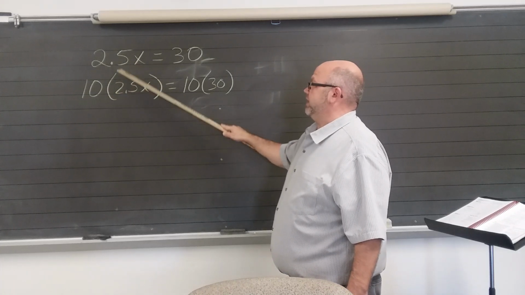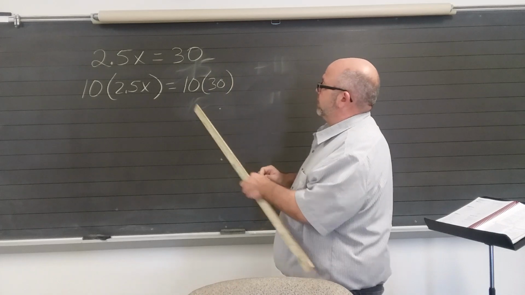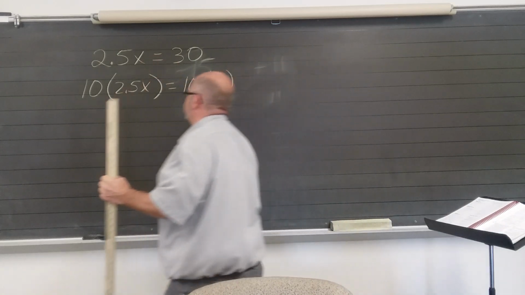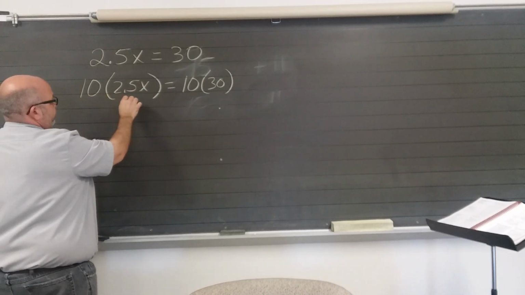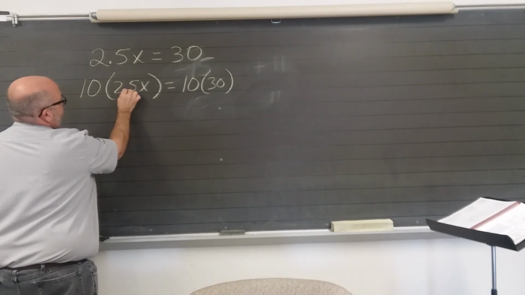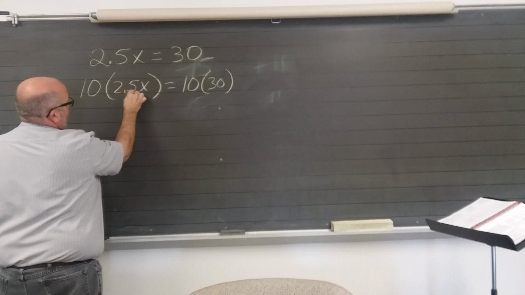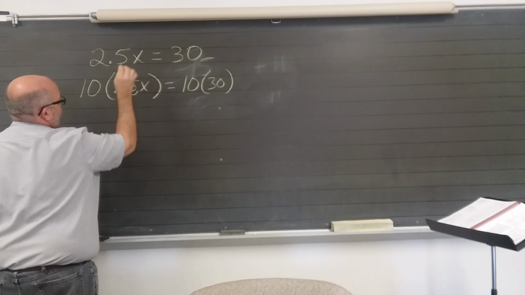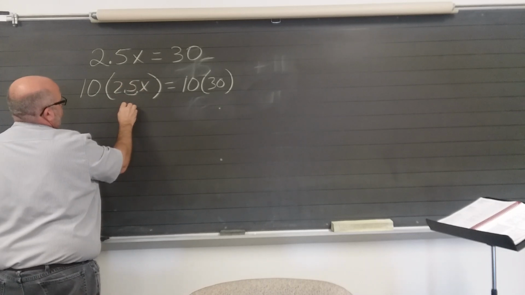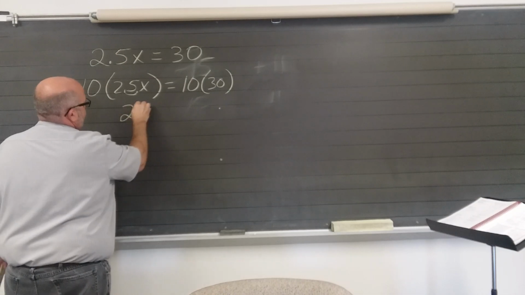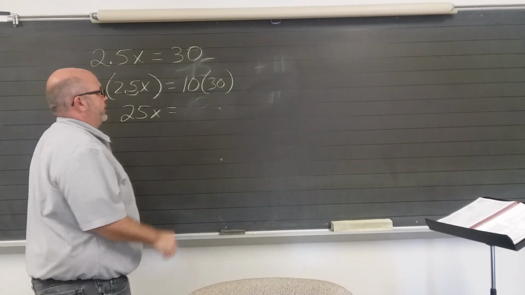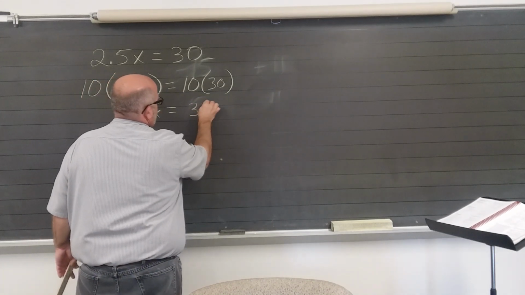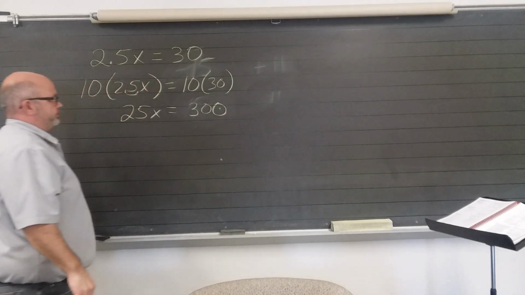2.5x times 10. Make sure you multiply by 10 on both sides. 10 times 2.5x becomes, simply move the decimal point over one place. So this becomes 25x equals, what's 10 times 30? 300, right?